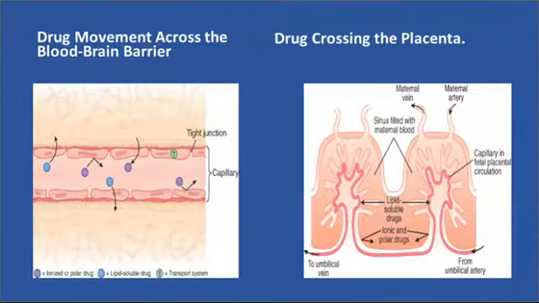Okay. So drugs can move over the blood-brain barrier and the placenta. Not all drugs can go across the blood-brain barrier. It is a semi-permeable membrane to protect the brain. Only drugs bound to protein or highly lipid-soluble can cross.